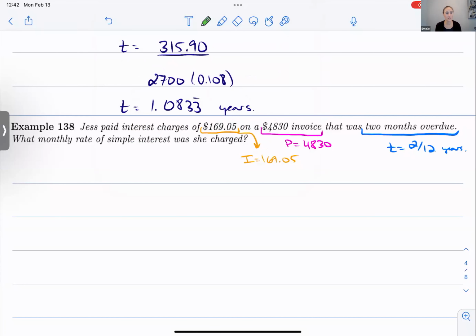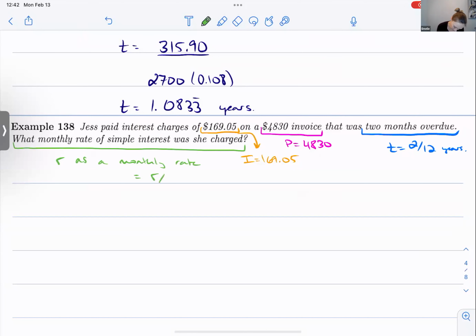What monthly rate of simple interest was she charged? So now here we want to solve for R as a monthly rate, which means R divided by 12. So same formula.